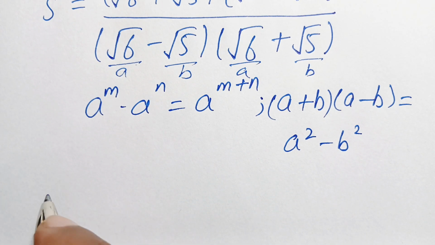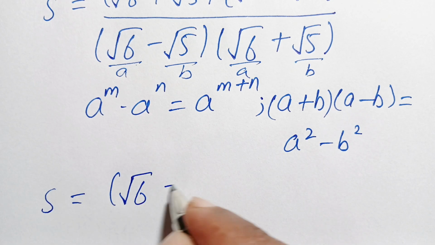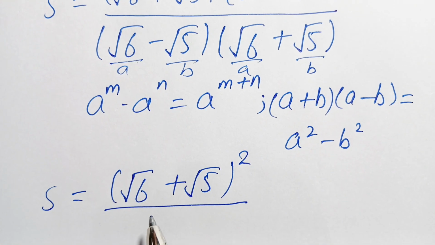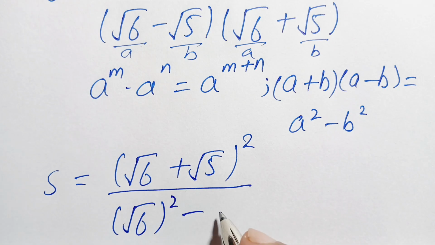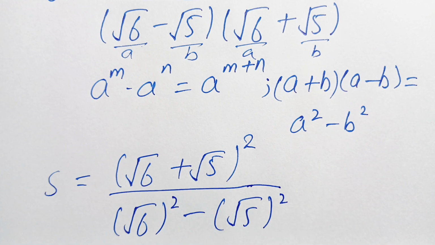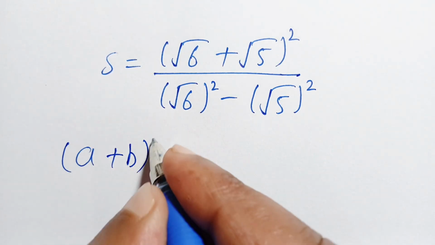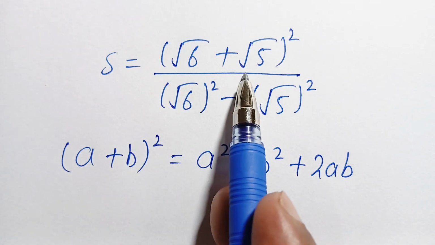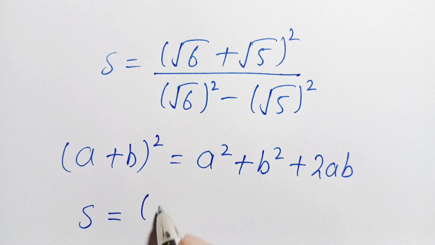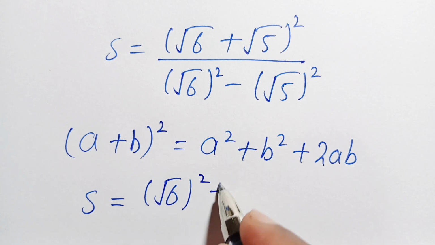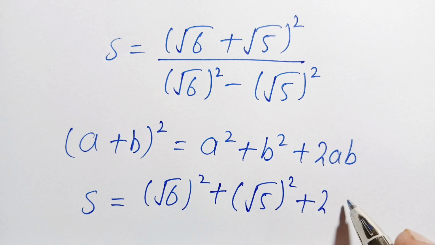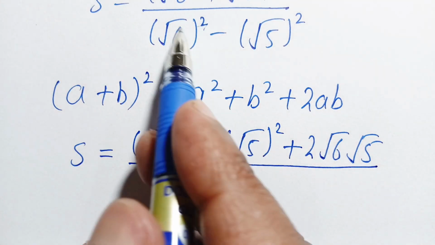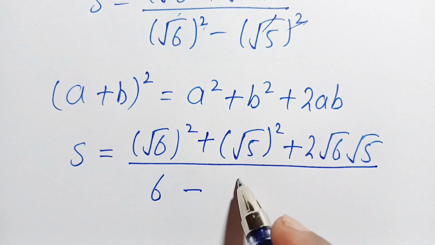So S is equal to (square root 6 plus square root 5) whole to the power 2, divided by square root 6 whole square minus square root 5 whole square, as (a plus b) whole square equals a square plus b square plus 2ab. Here a equals under root 6 and b equals under root 5. So S is equal to (a square plus b square plus 2ab) over, here the 6 minus this will be cancelled, the leftover term is 5.